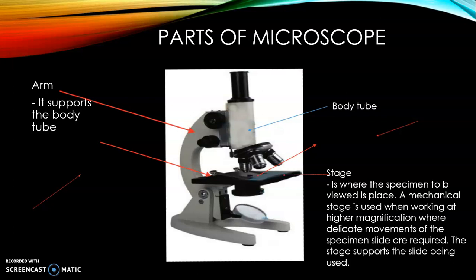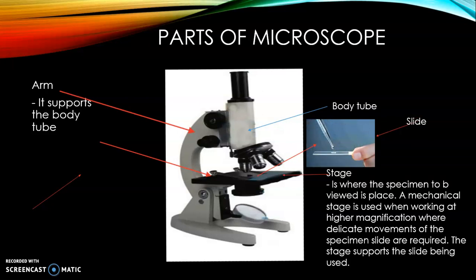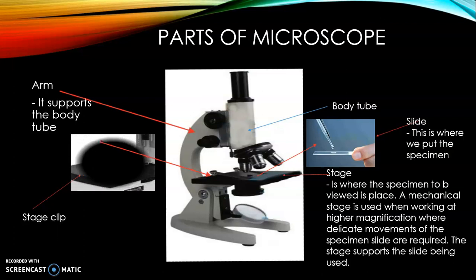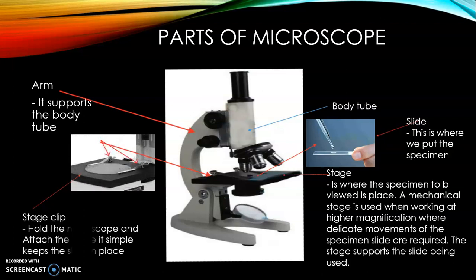The stage supports the slide being used. Another is the slide. This one. The slide is where we put the specimen. Another is the stage clip. The stage clip holds the slide in place.